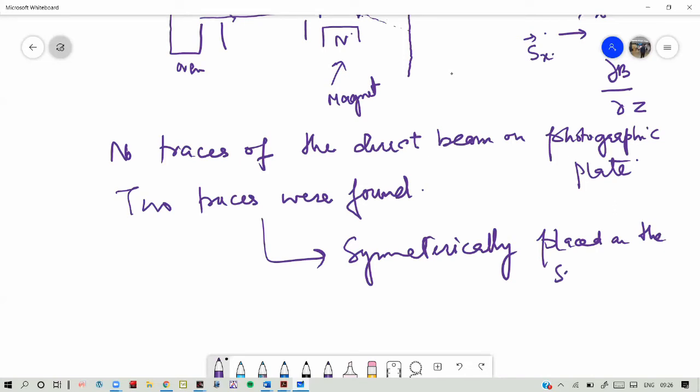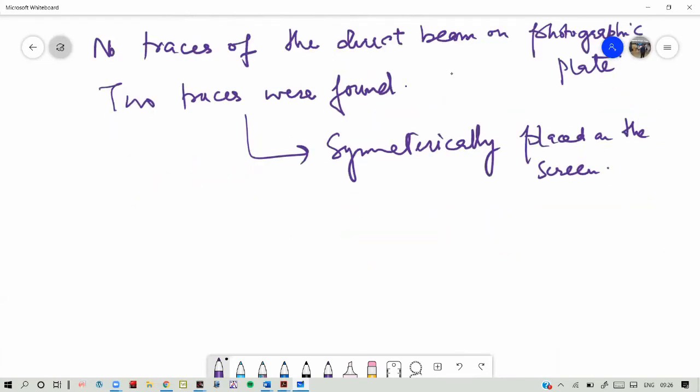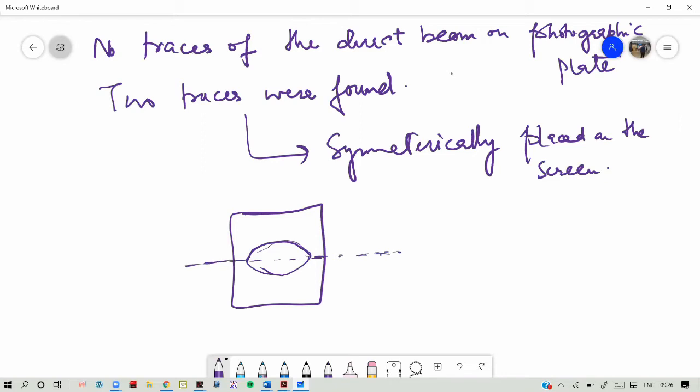I will draw the cross section. If this is a screen, they were like this with respect to this center axis. This is what they found on the screen: the traces of those silver beams, the atoms, in the plus and minus z directions, plus and minus components.